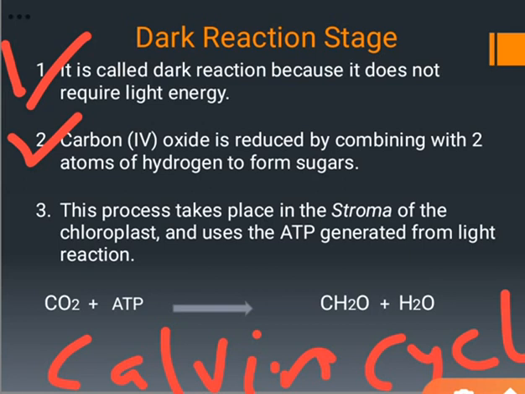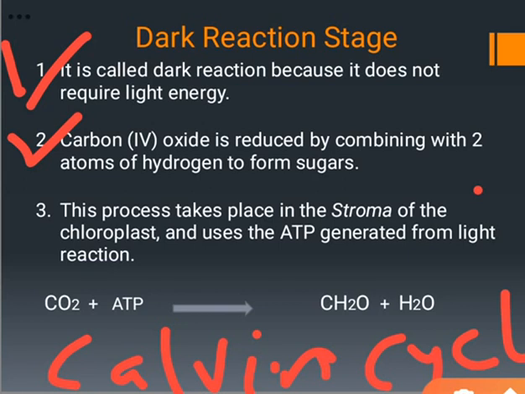Now, the process of combining carbon dioxide with two atoms of hydrogen to form sugars takes place in the stroma of the chloroplast. Now remember, the light reaction takes place in the grana of the chloroplast. This dark reaction takes place in the stroma of the chloroplast, and it uses the ATP generated from the light reaction.